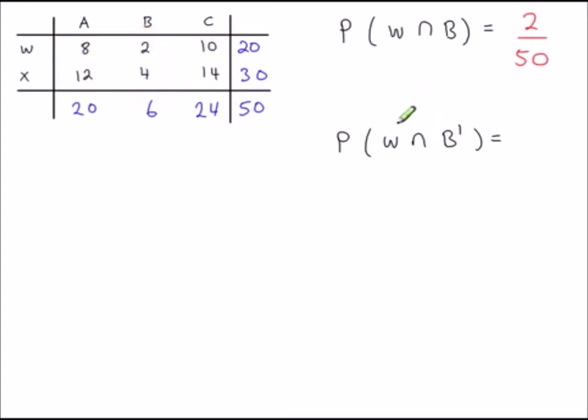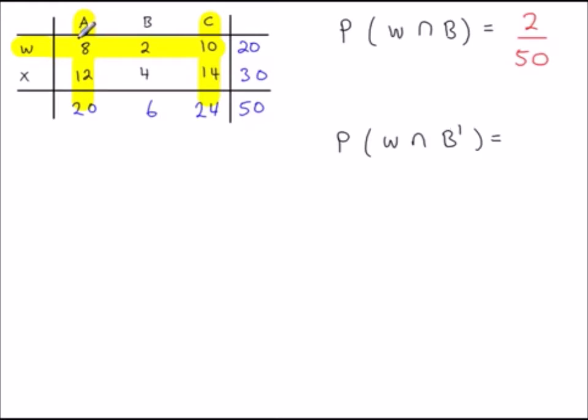The probability that W happens and not B. So W happening is here, that's all of this, and not B. Now B is in a column, so the other columns which represent B not happening are these. So where do you have W and not B?